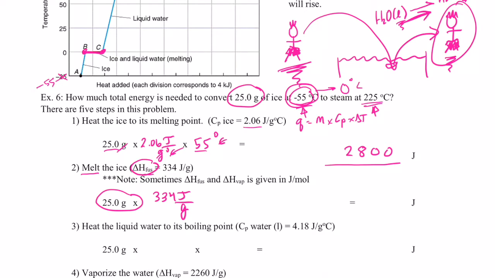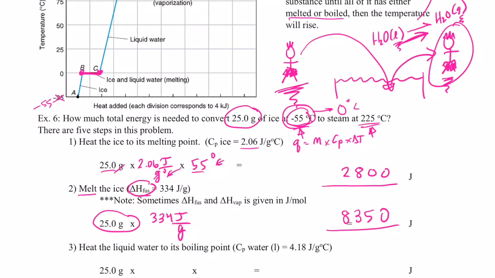Let's see how much energy is required for that step. 25 times 334 joules per gram. I'm allowed 3 significant figures here, so 8,350 joules for this next step. Okay, now I've successfully gotten to point C.